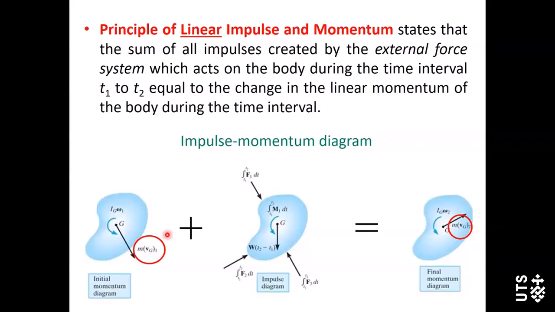In other words, the initial linear momentum of this rigid body mvg1 plus all impulses on this rigid body must be equal to the final linear momentum of this rigid body mvg2.